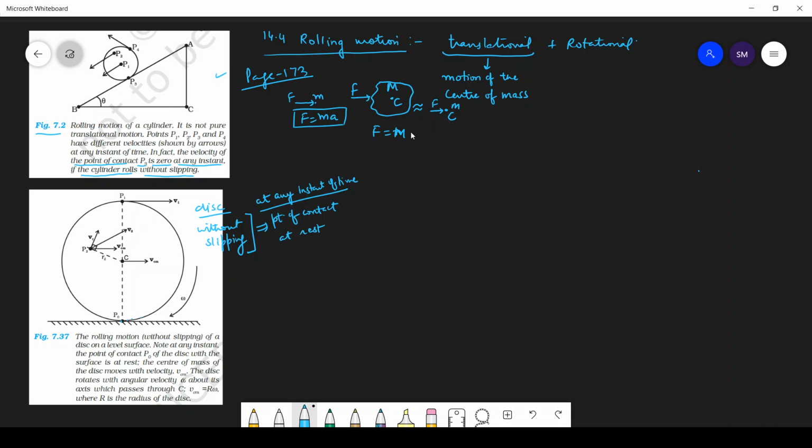We write it with capital A. That's the difference. Here it is for a mass particle, and here we are considering an extended rigid body.